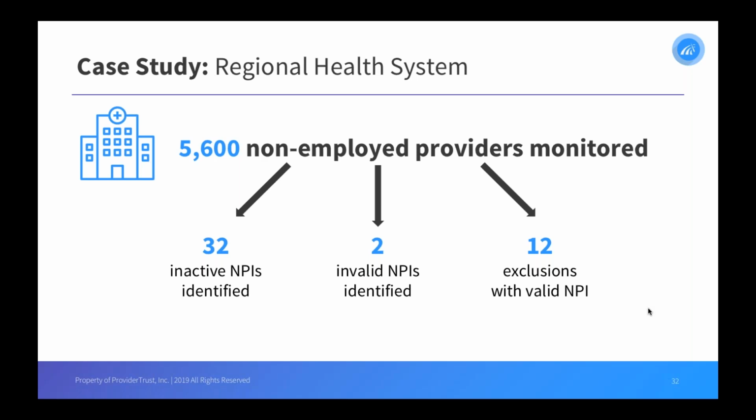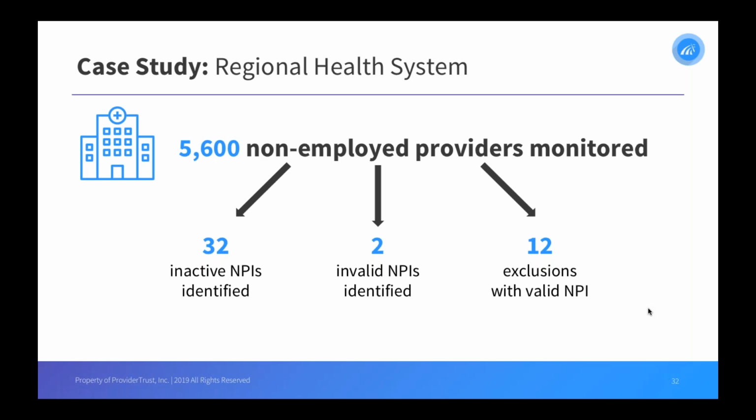So our database is a little bit deeper than what you can get right out of the OIG site. So we are helping our providers bridge that gap and find and link providers when they only have an NPI number. So that's why this process was so important.